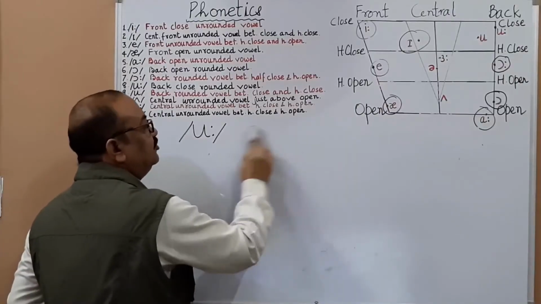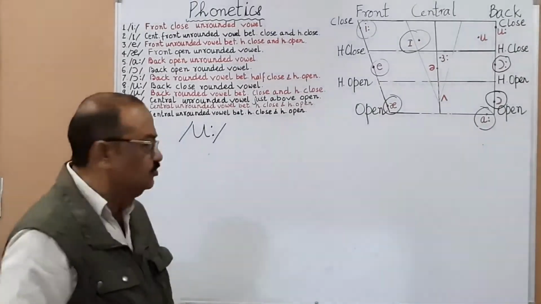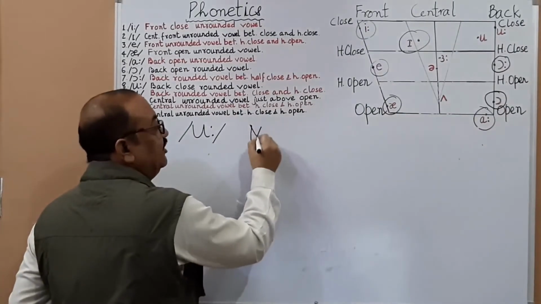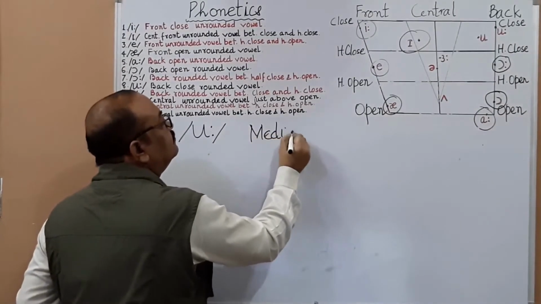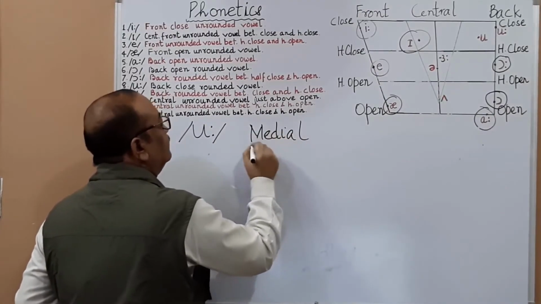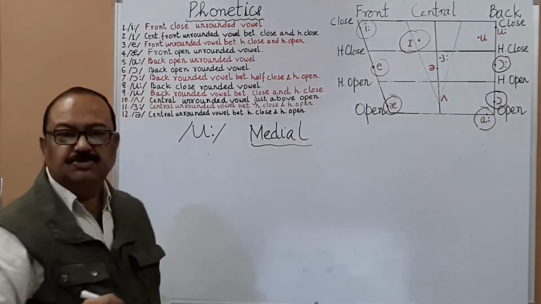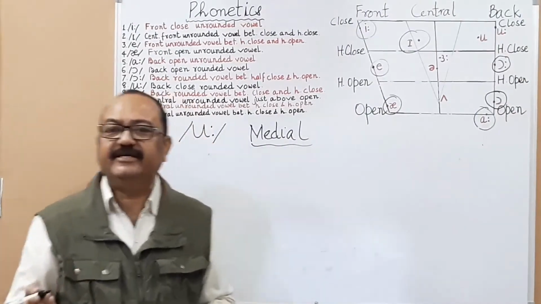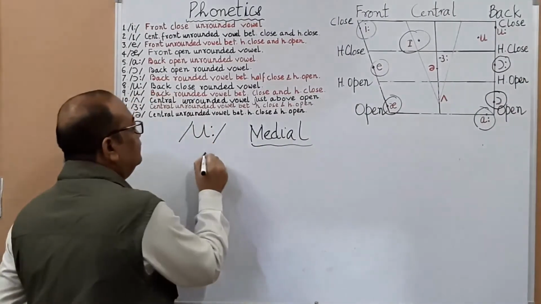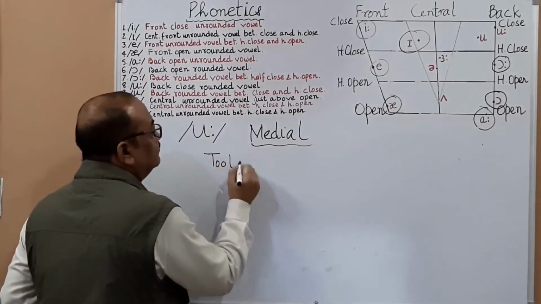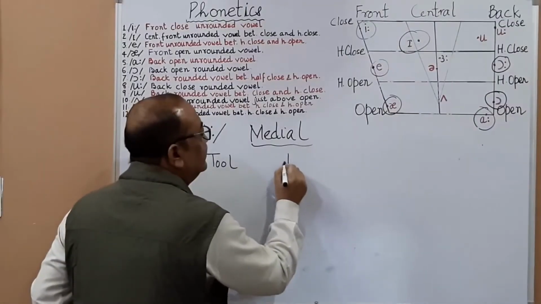We have the medial position. Medial is again very easy. Medially it occurs in words like tool. Good. So, tool you would write like this.